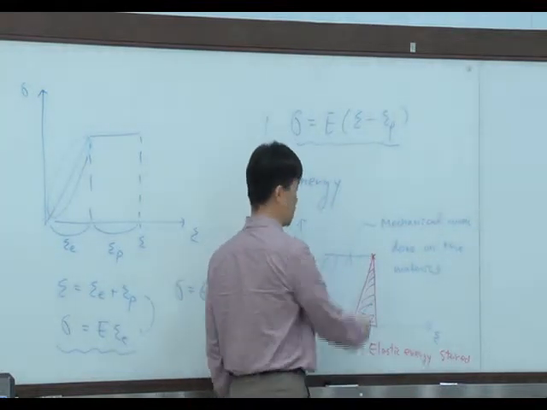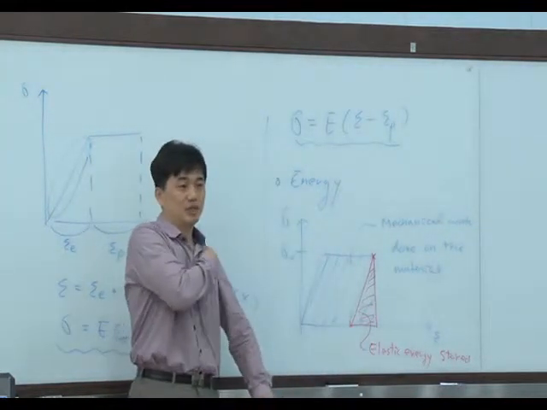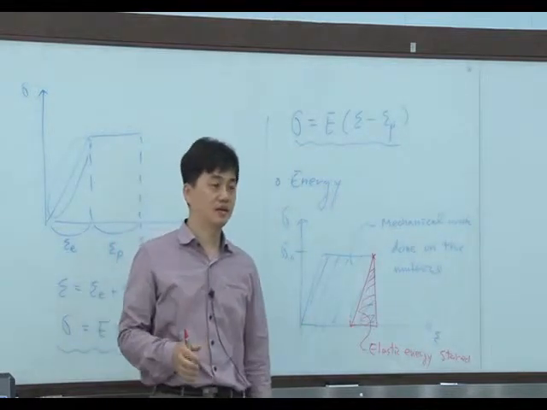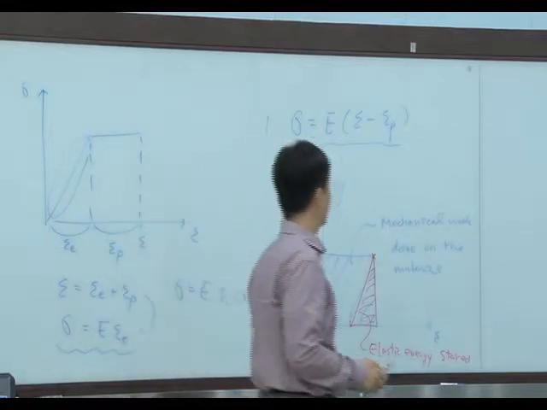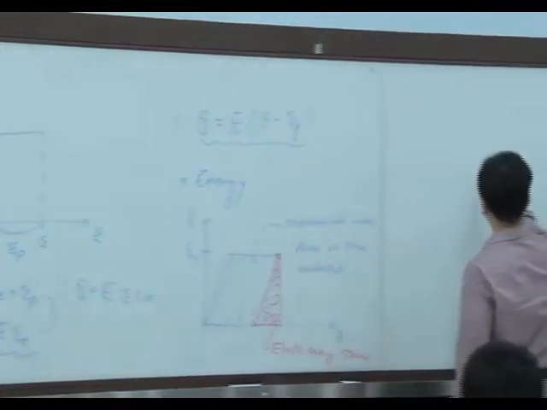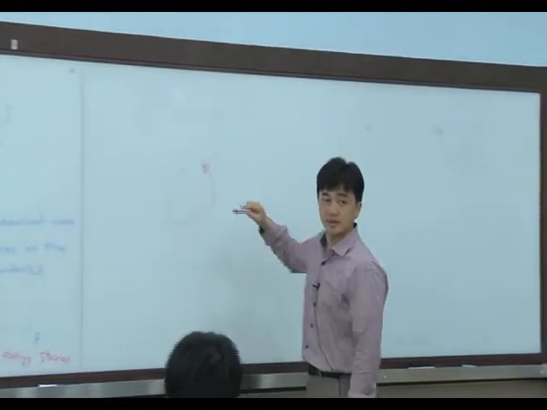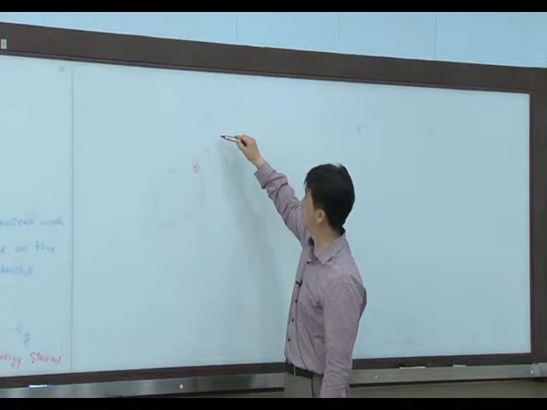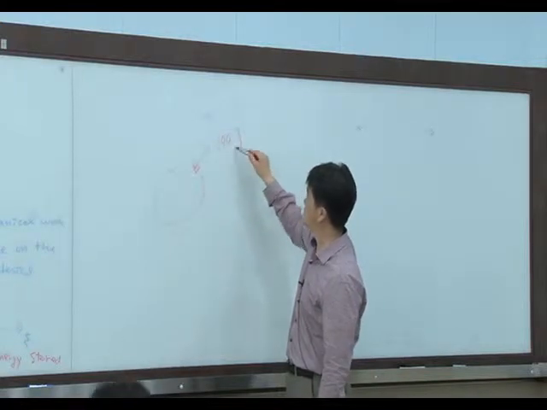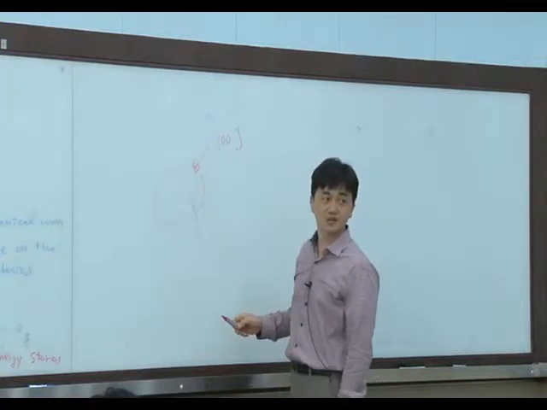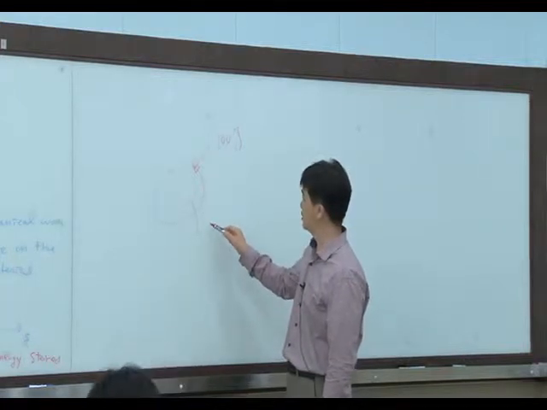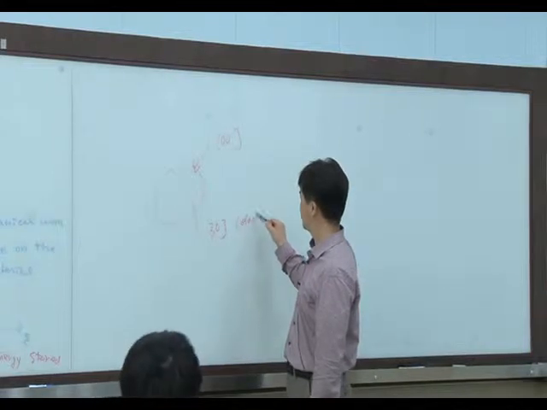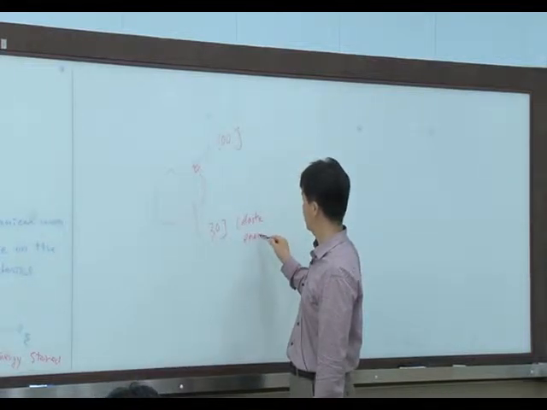Then what's the remaining part? What happened to it? Here we have a system. I gave 100 joule of work, but this material has only 30 joule of elastic energy.